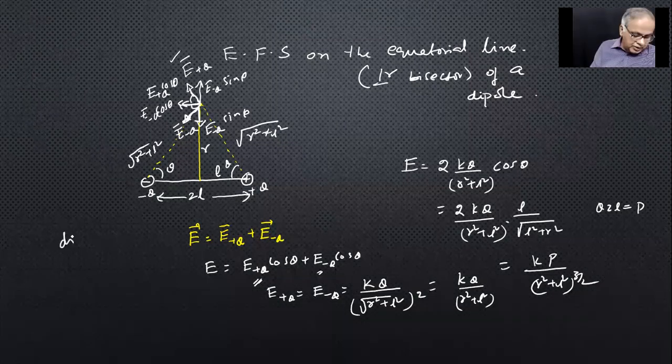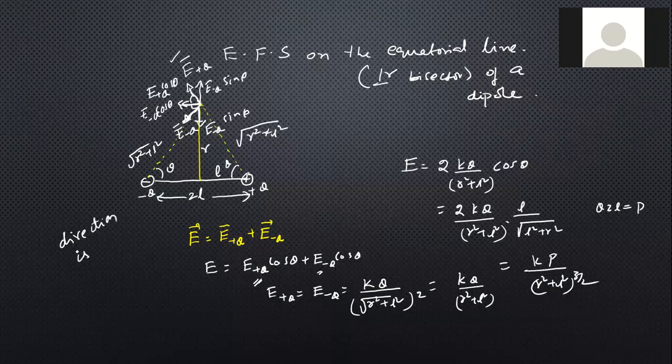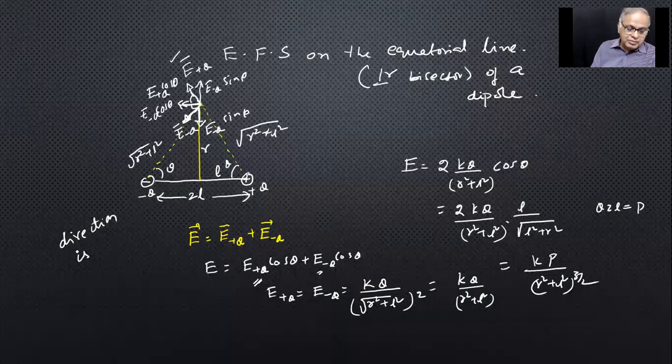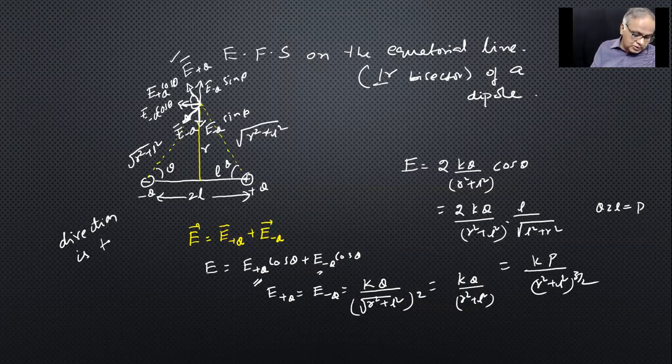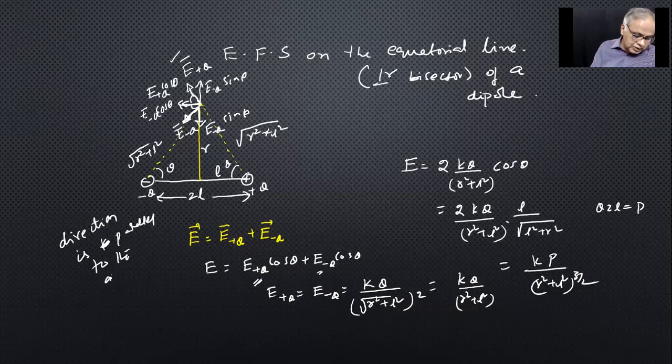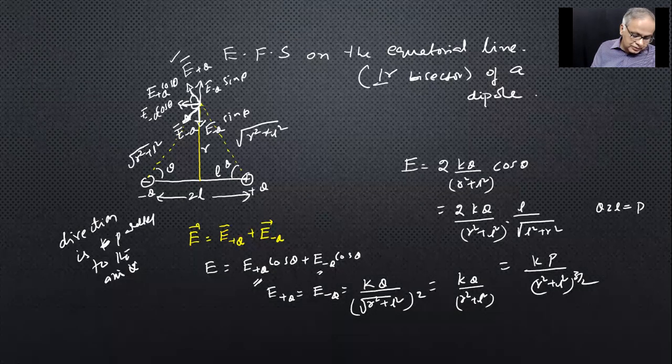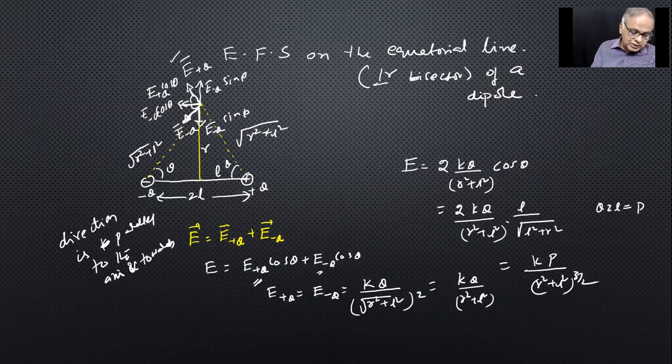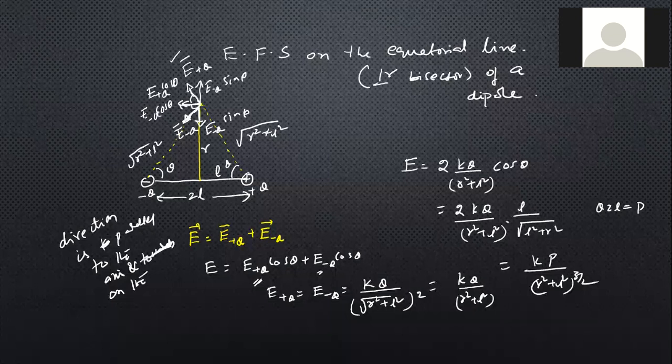The very important thing. Many places you need to straight away do it. Direction of E is between both of them. That's correct, it bisects the angle between them, but it is parallel to the axis and towards minus. Towards minus means on the side of the minus, towards the left.